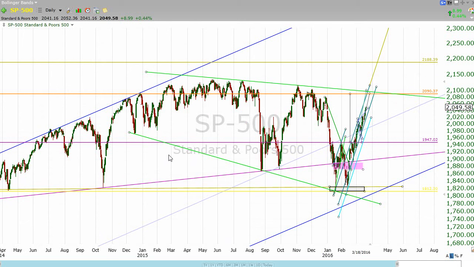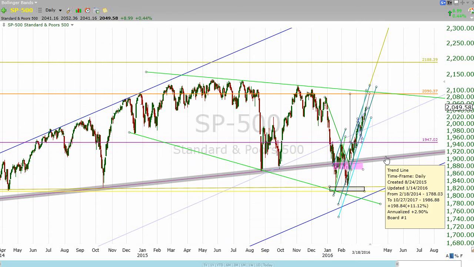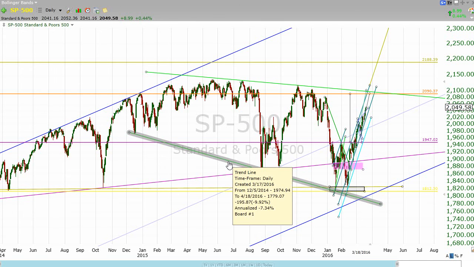So still, really in the big picture, we are in between this line and this line, except for the fact that we traded under this one just a bit earlier in the year. But for practical purposes, I'm still keeping this line as support and this line as resistance. The case could be made that maybe this line is support, okay?